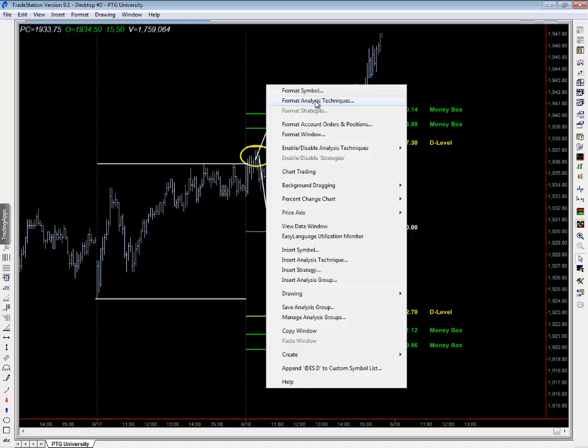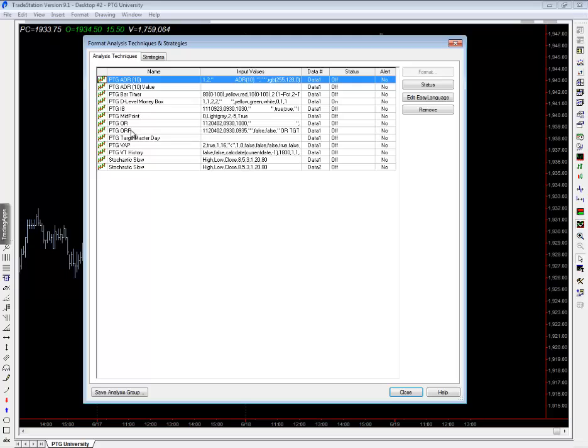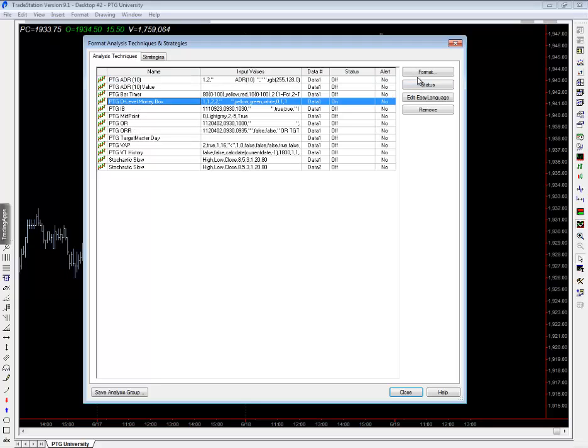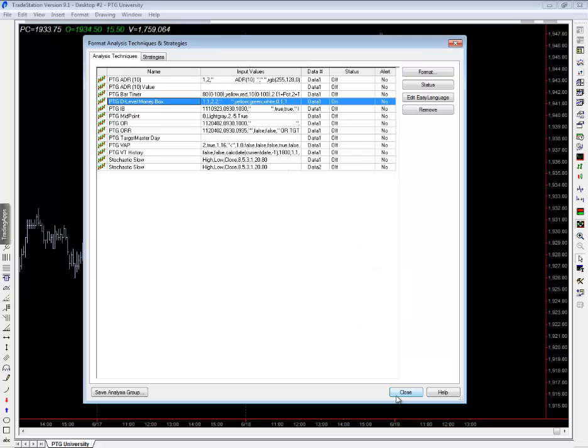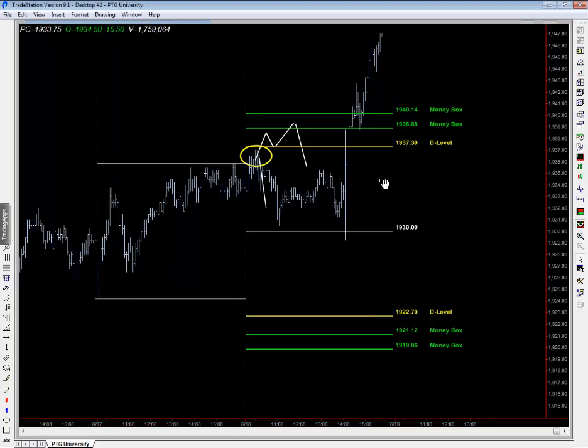One interesting feature, I believe, let me take a quick look on this one. What we can do here on the D-level money box indicator is actually project tomorrow's levels today.